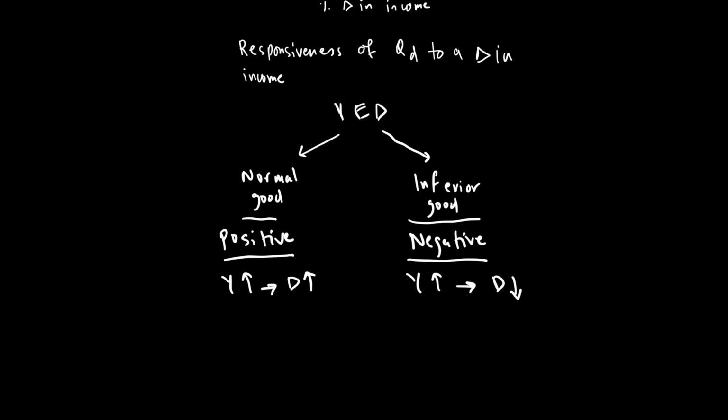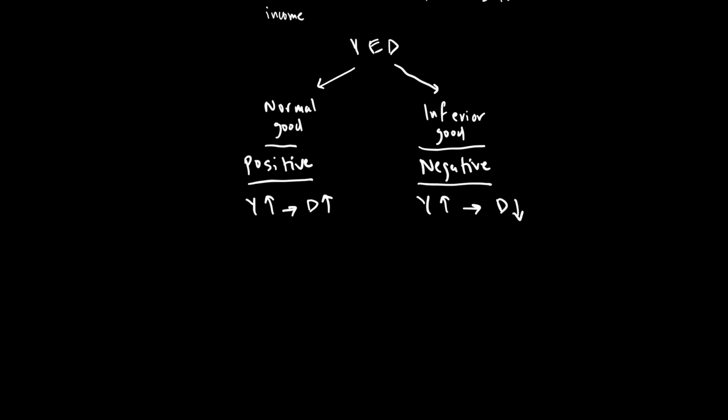Let's see an example to see how it works. So let's say I have an income of 100, and let's say I'm buying 50 units of a good. And what if now my income goes to, for example, 120? So my income is going up, and the quantity as a result of my income going up is, let's say, 100.